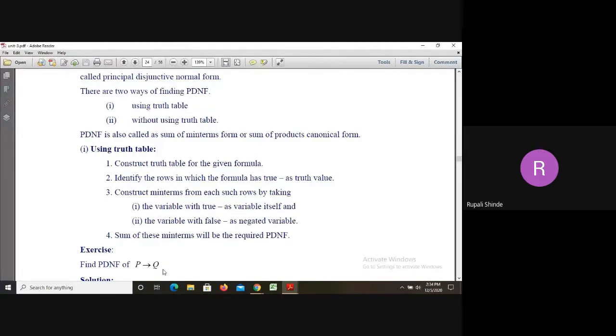Take a time of 10 minutes, and first of all obtain PDNF and then try to obtain PCNF for the same formula. And this time I want an answer from you. First try to obtain PDNF using truth table, and then you can obtain it without truth table. Then we can think about PCNF.